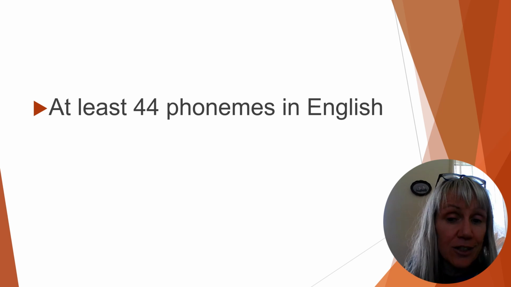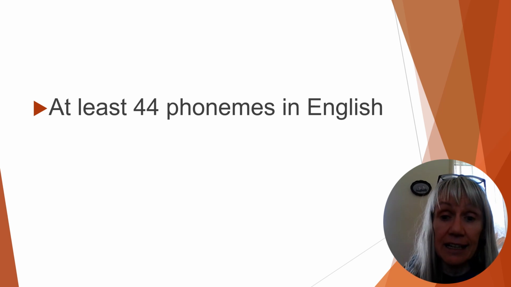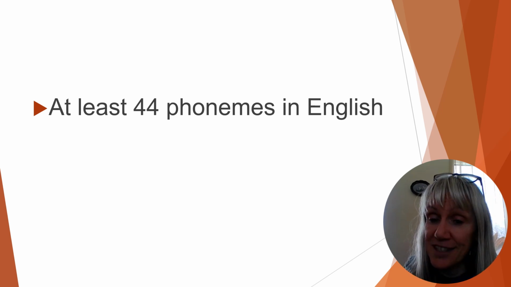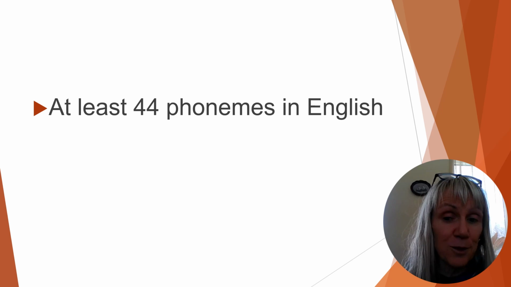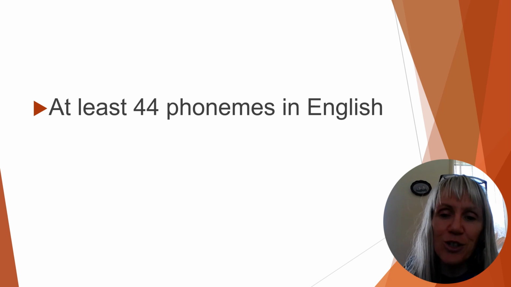The English spoken in England, for example, is different than the English spoken in the USA. The English spoken in the USA differs from the English spoken in Canada. So everyone pronounces words differently and uses different phonemes and different phonetic symbols.